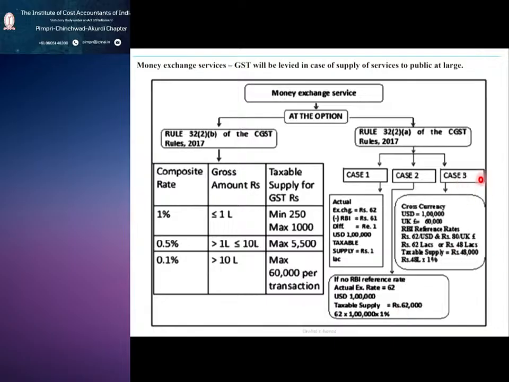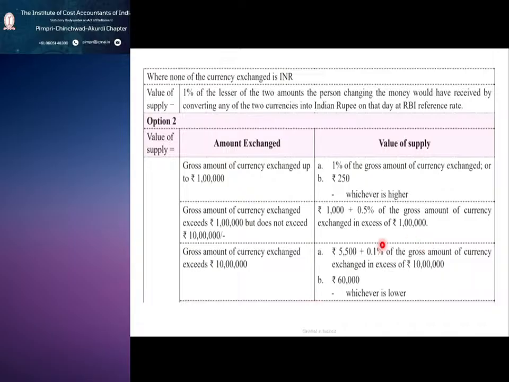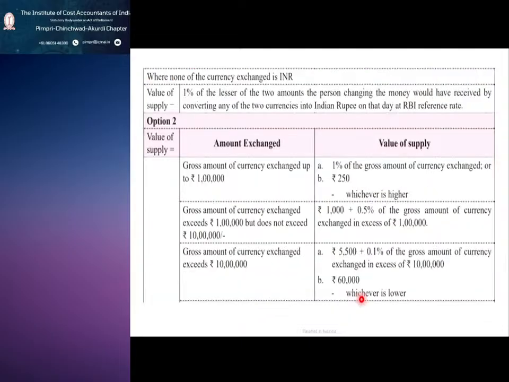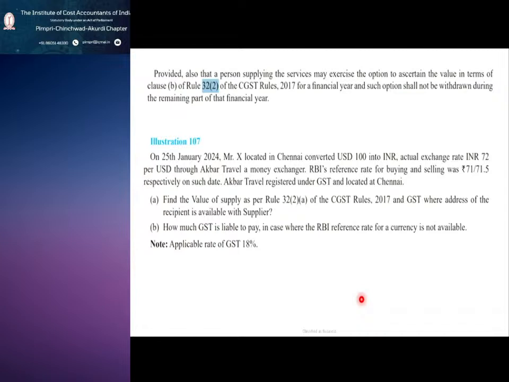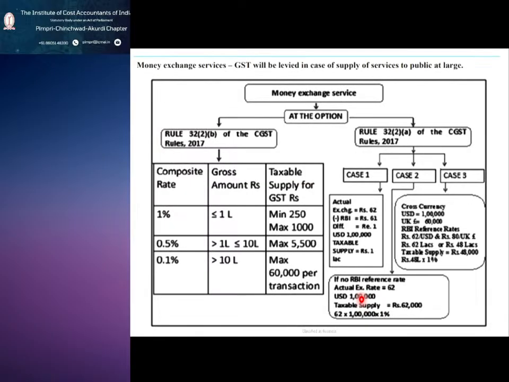Now in the next case, case 3 is cross currency. Do we have an example here? This one you can have a look at for cross currency, because with the other things you may get confused.